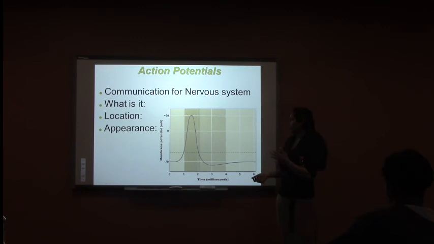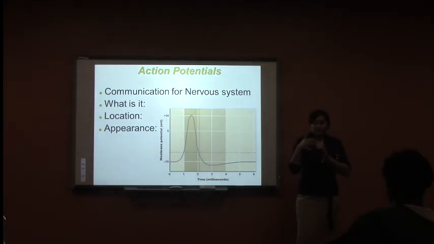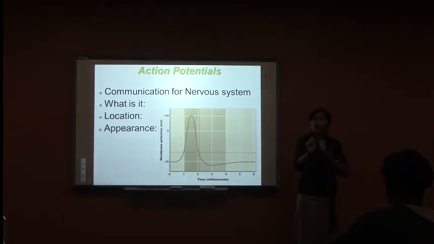Certain things will trigger a rush of ions inside, a rush of ions outside. Does that make sense? So basically, what we do, we measure the charge or the electricity or the potential of the nerve or that axon. Does that make sense?